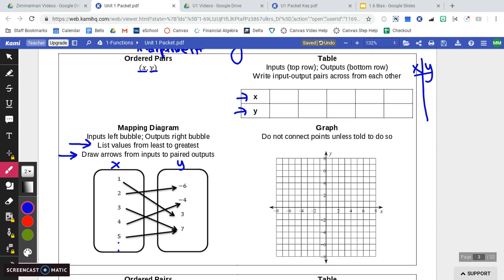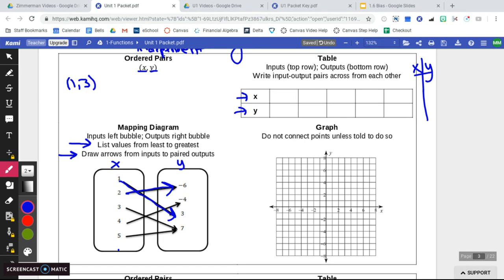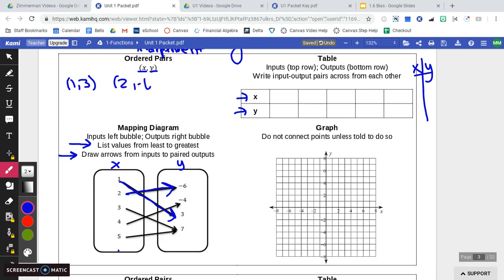And then depending on the relation, in this case it's given to us, the 1 pairs to the 3, or it maps to the 3. 2 maps to -6 to create a pair. So far we have the pair 1, 3 that we can now write as an ordered pair. We have 2, -6.